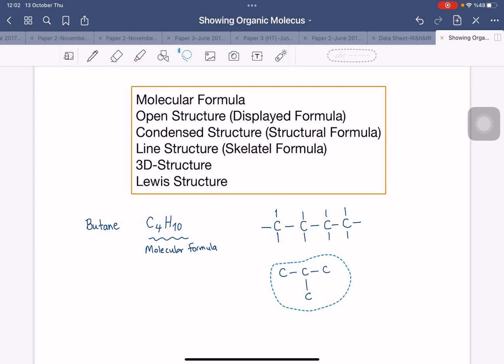In butane, this also has 4 carbon atoms, but the carbons are connected differently from the above. We call this structure the open structure of butane.